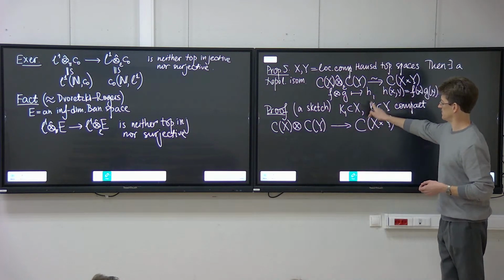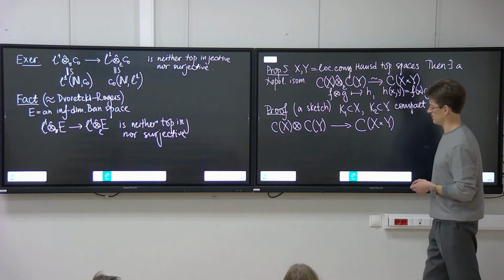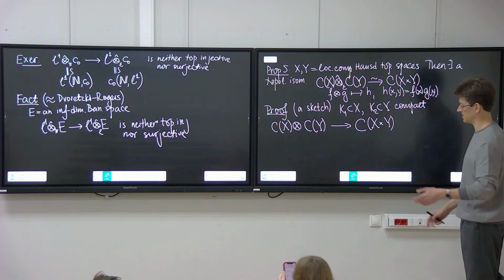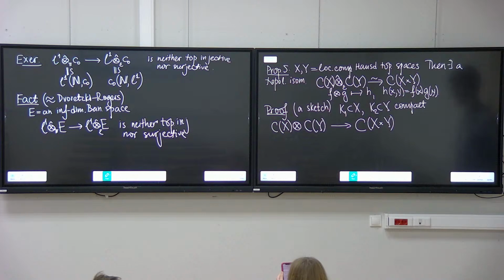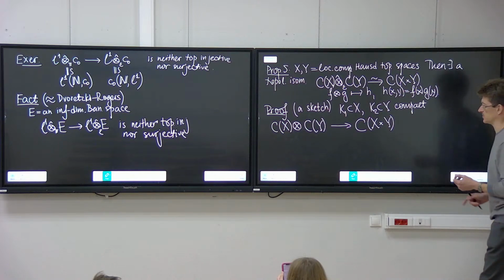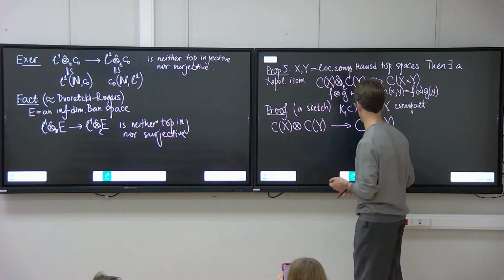So this map is given by this formula. We define it on the algebraic tensor product, and the existence of this map on the algebraic tensor product is immediate from the universal property of the algebraic tensor product.